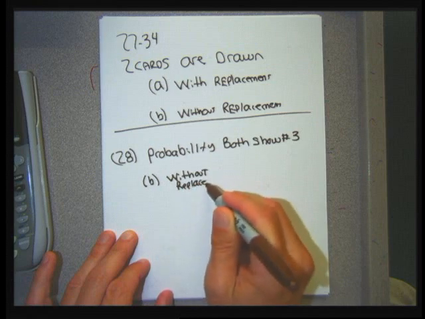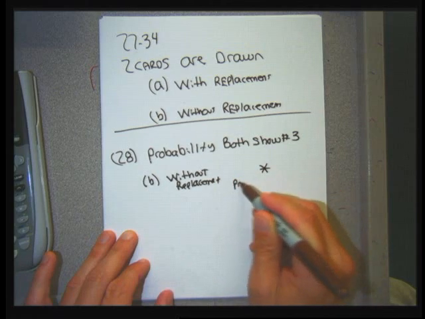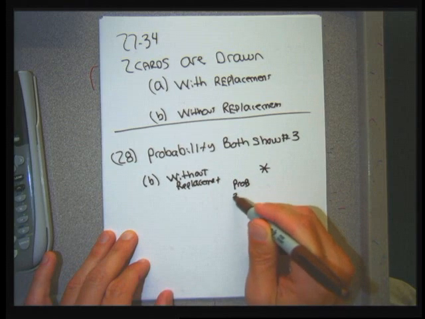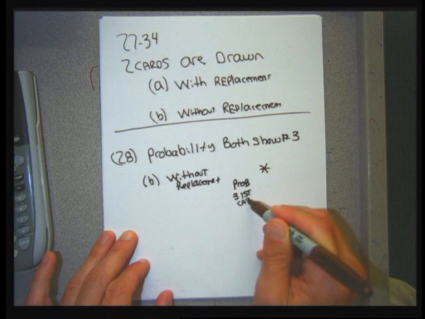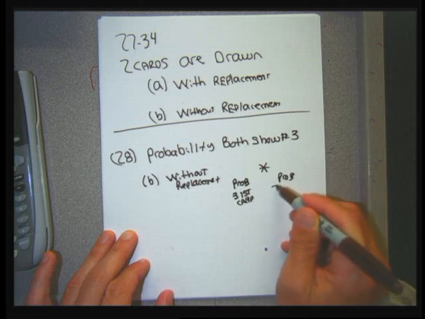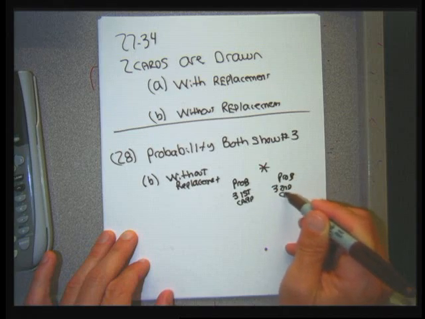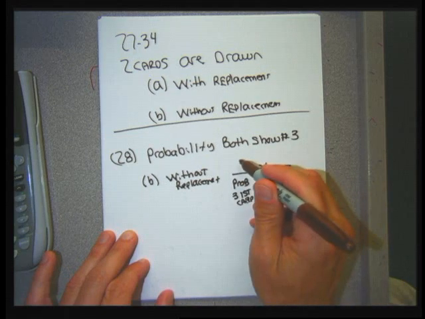To do this, I'm going to multiply the probability of getting a 3 for my first card times the probability of getting a 3 for my second card. And these are both going to be fractions.